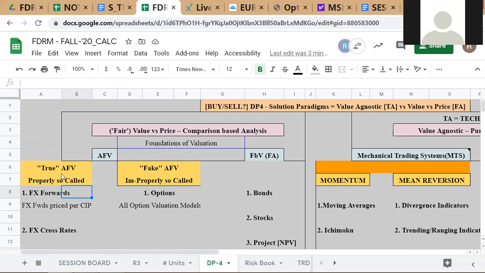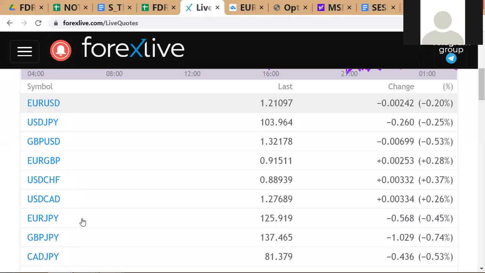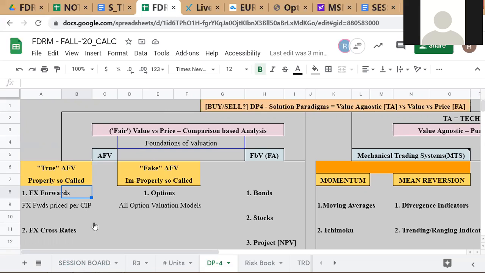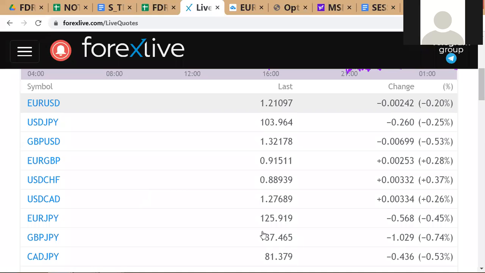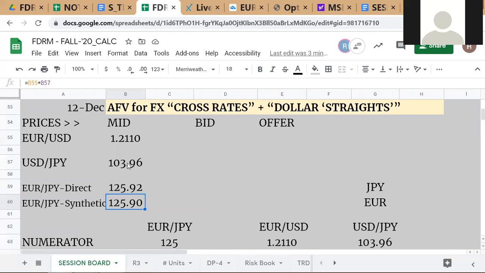I'm going to look at market prices. I know what the market price for euro yen direct is. I saw it over here. Then I will look at the market price of related markets.